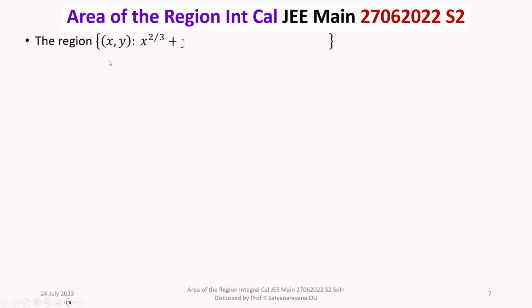Now the region given to us is the set of all ordered pairs (x, y) such that x to the power of 2/3 plus y to the power of 2/3 is less than or equal to 1. So this will give you all points that lie on the asteroid and inside the asteroid, and x plus y greater than or equal to 0.